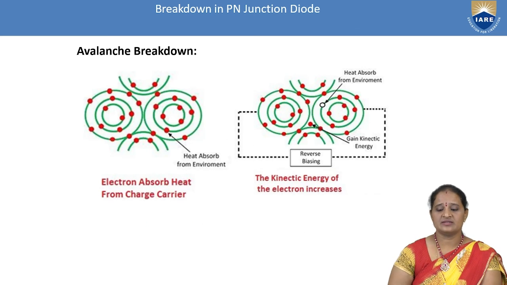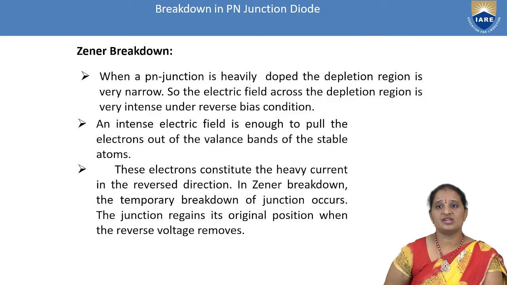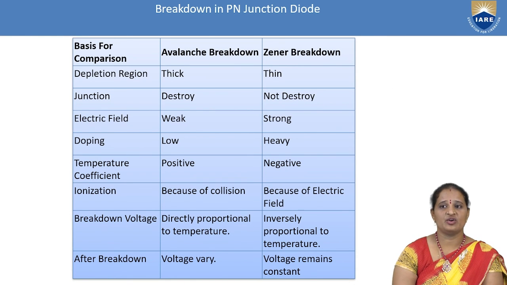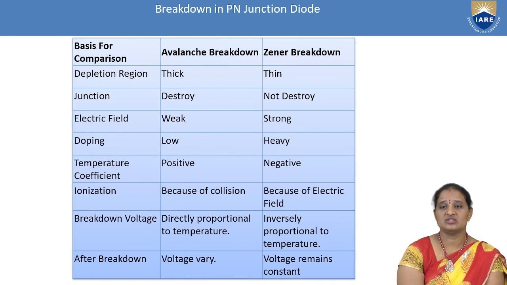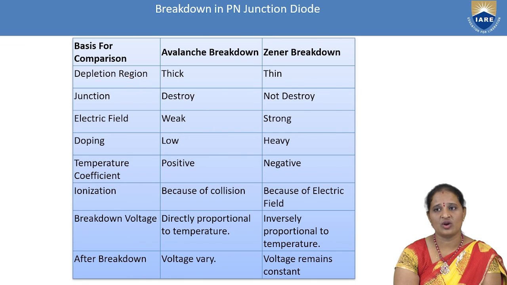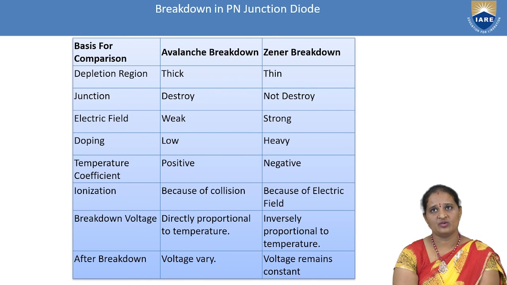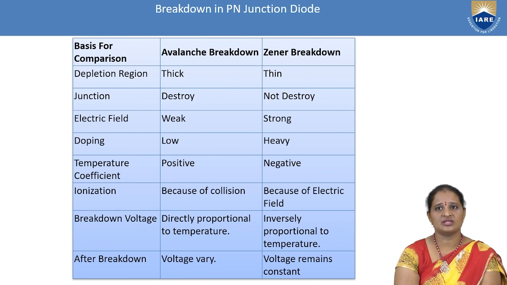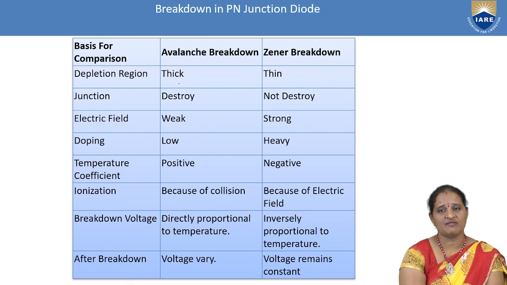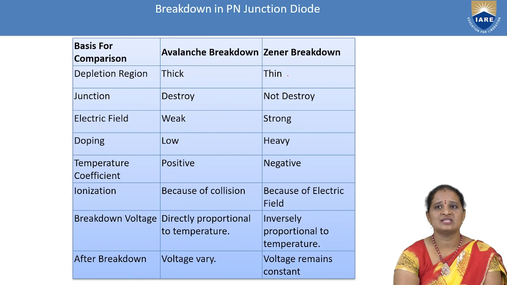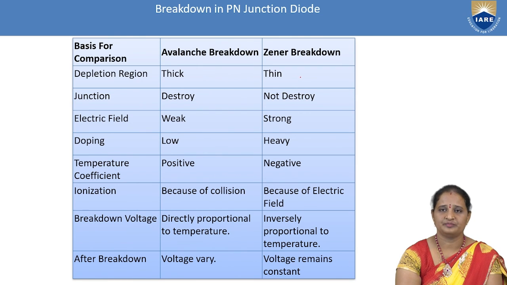Let us now discuss the comparison between avalanche breakdown and Zener breakdown. As we already know, avalanche breakdown occurs in lightly doped diodes, whereas Zener breakdown occurs in heavily doped diodes, and hence the depletion region is thick in the case of avalanche breakdown, whereas in the case of Zener breakdown, the depletion region is thin.